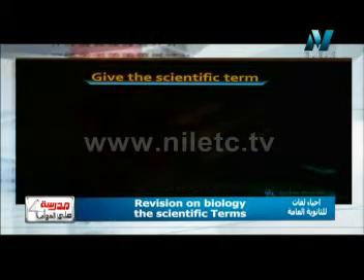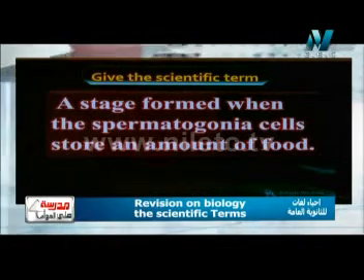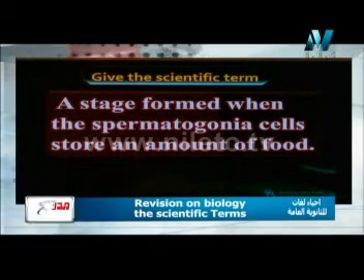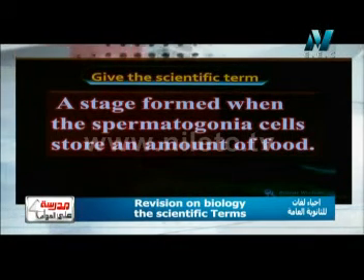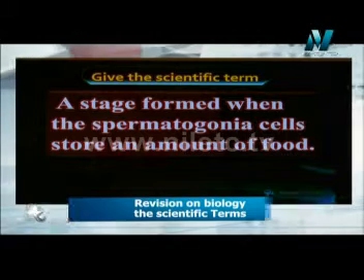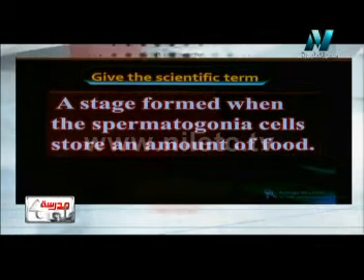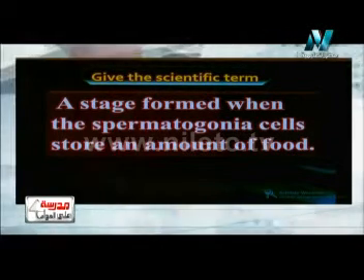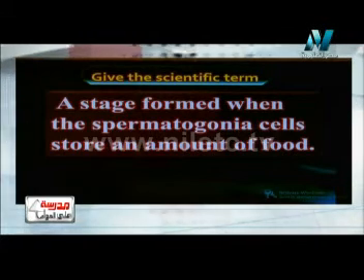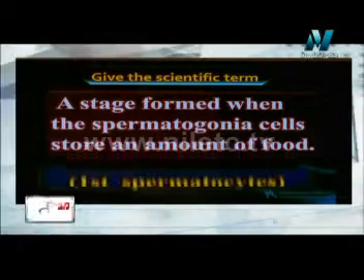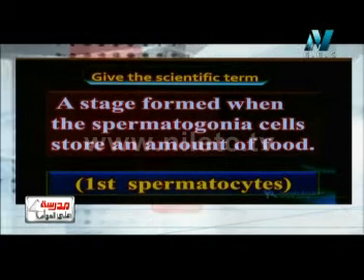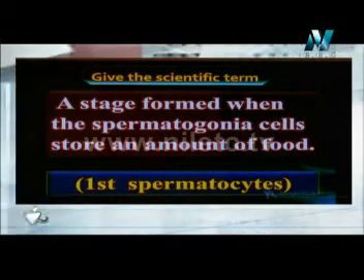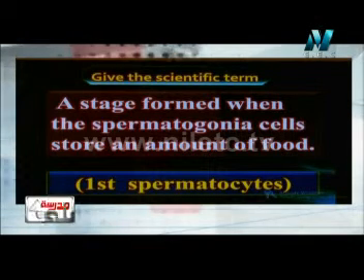The next question. A stage formed when the spermatogonia store a great amount of food. That talks about the growth stage, where the spermatogonia store a great amount of food and change into primary spermatocytes. So the primary spermatocytes are a group of cells formed by storing a great amount of food.